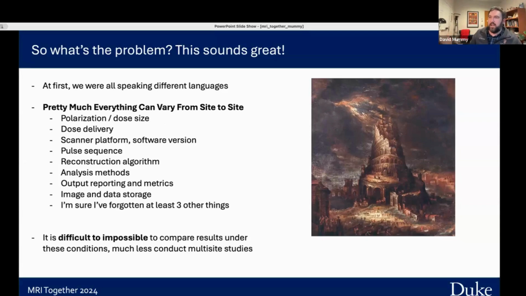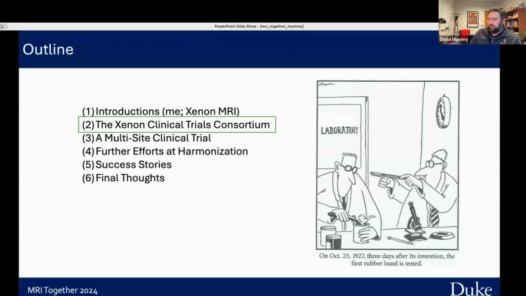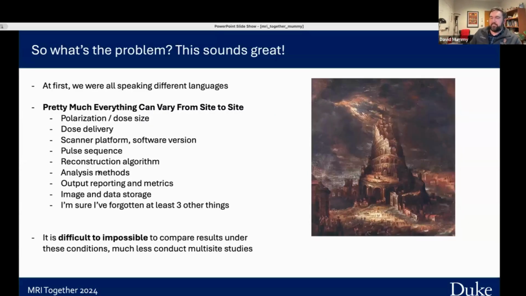Everyone has a different scanner platform and a different software version, and they implement their trajectories slightly differently or bigly differently. The reconstruction algorithms, analysis methods, output reporting and metrics, image and data storage, all these things can differ when people try to set this up from scratch. And that just makes it difficult to impossible to compare results from one site to another, except in a very kind of abstract, descriptive way.